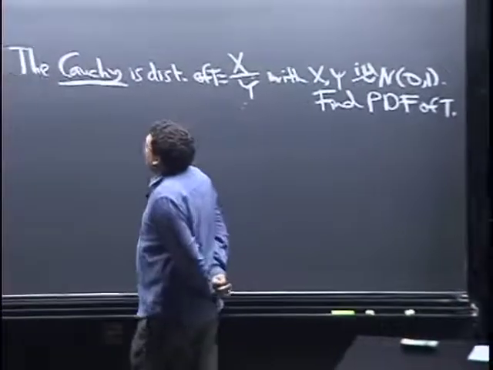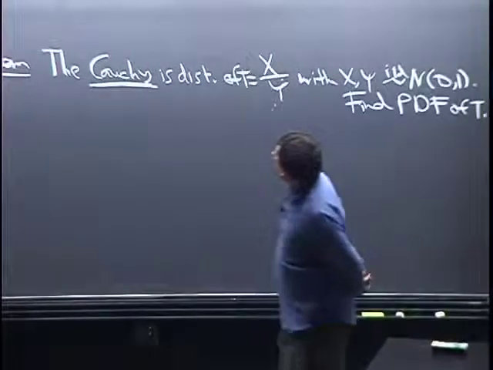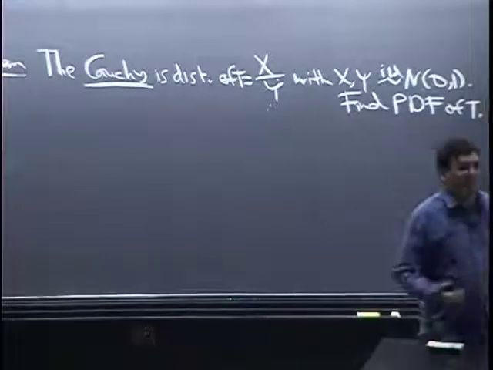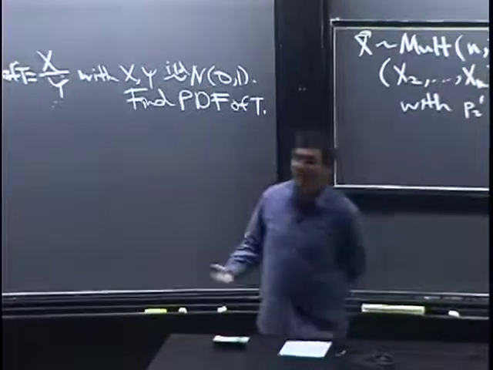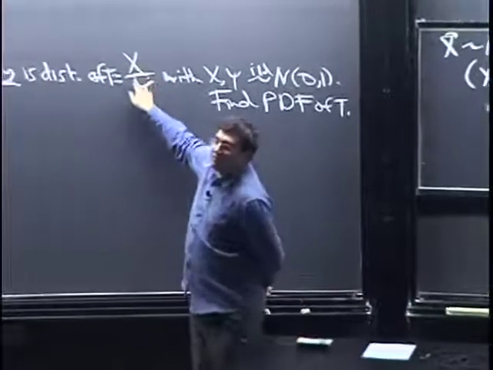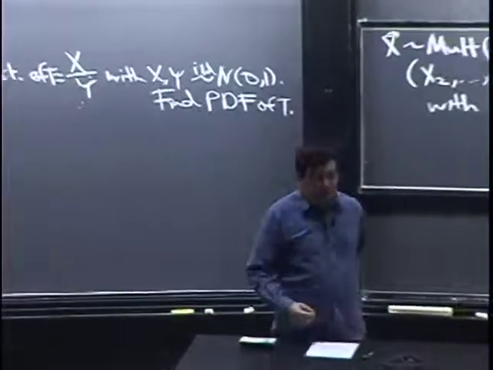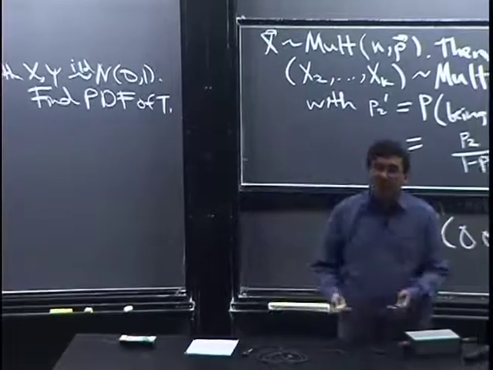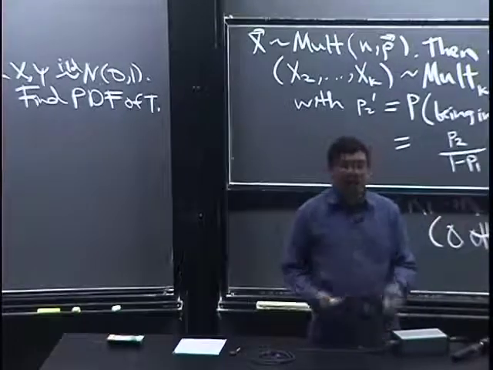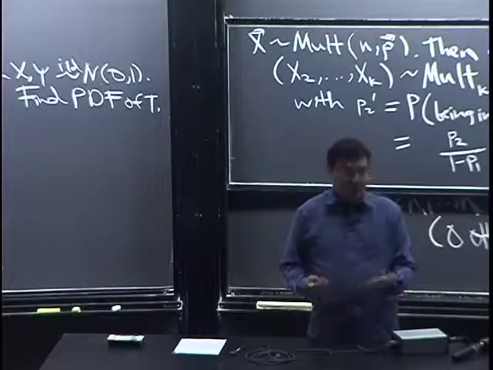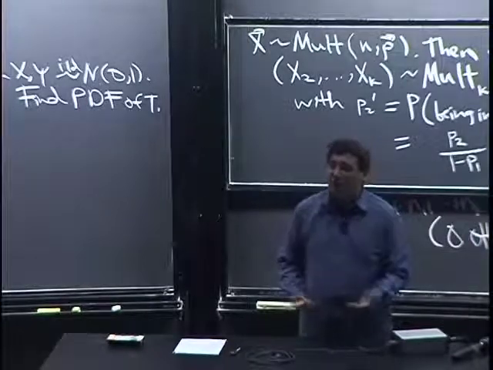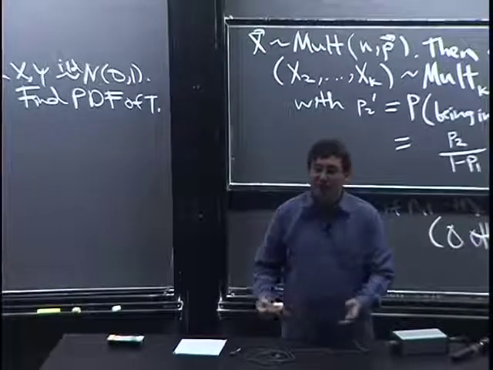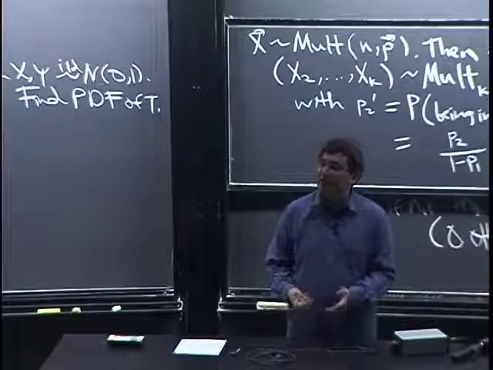The thing that's really evil about the Cauchy is this. Say we don't just have T, we have T1 through Tn, which are IID ratios of normals. When we get to the law of large numbers later in the course, we'll see that when we average a bunch of IID random variables, the average should be close to their mean.